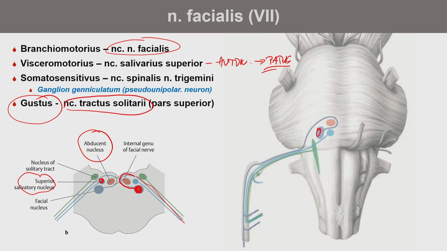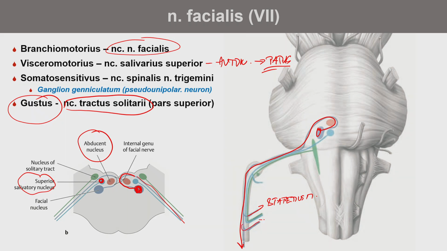This is the motor part, going in this direction, through this part and into the muscles. You can see here some branches. This is a branch for the stapedius. The stapedius muscle is the smallest muscle in the human body, localized in the middle ear, making tension of the stapes to modulate the proper tension of the ossicle chain.